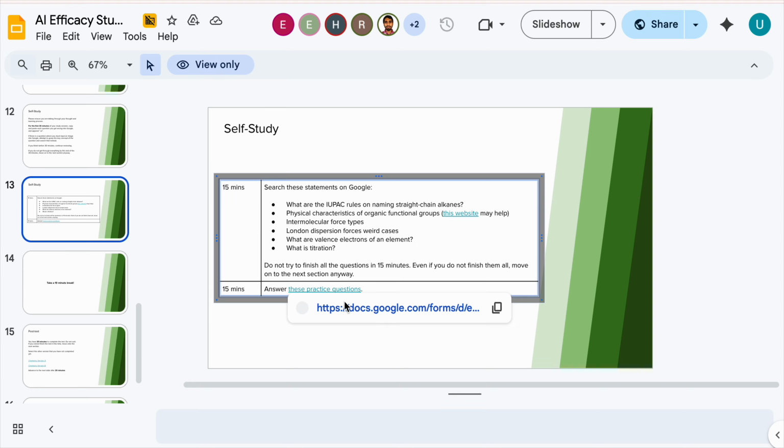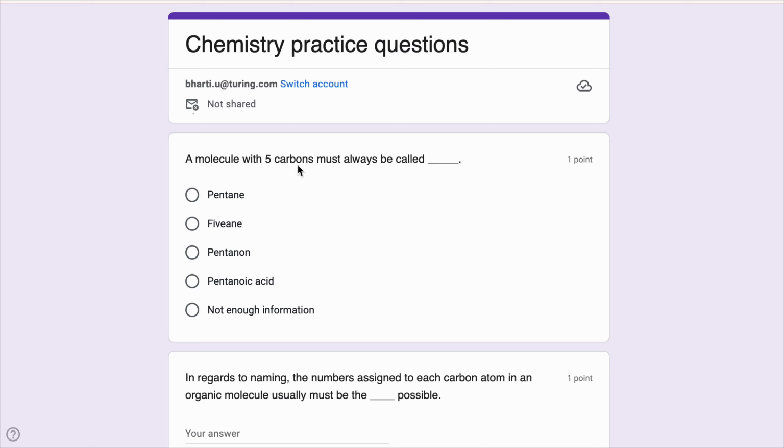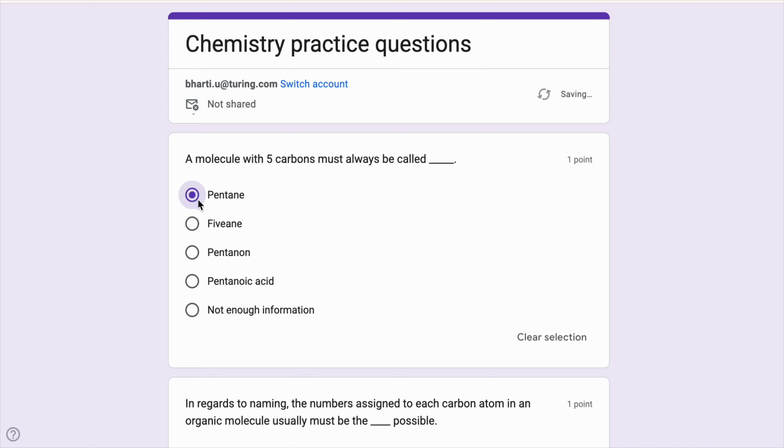Now let's practice these questions. A molecule with 5 carbons must always be called pentane.